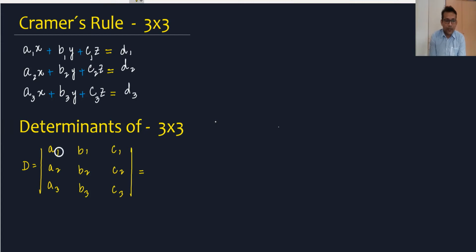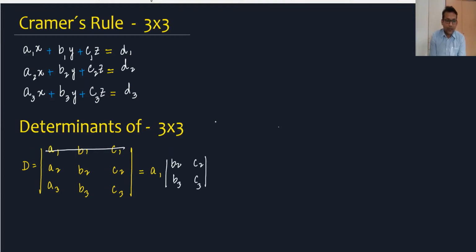When you take A1, you have to cancel all the row and column of it. What is left? You have to write here like this: B2, B3, and C2 and C3.